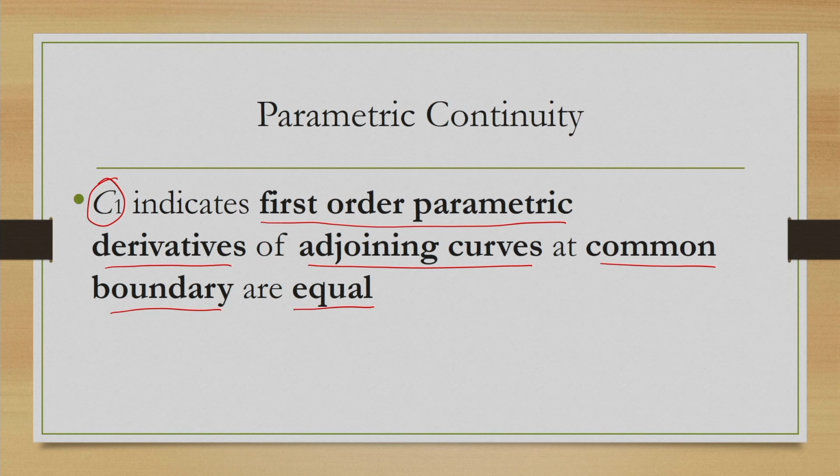So, essentially it tells that at the common boundary we have to ensure that the first order parametric derivative, that means the derivative with respect to the parameter u of the curve, should be equal.